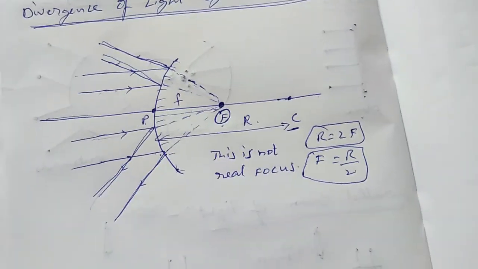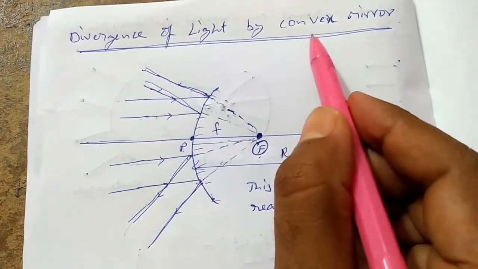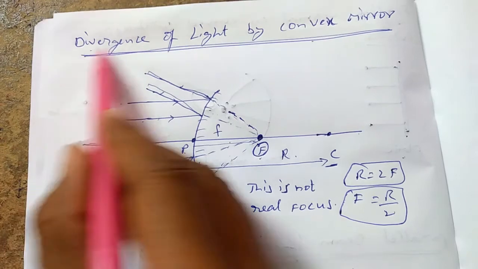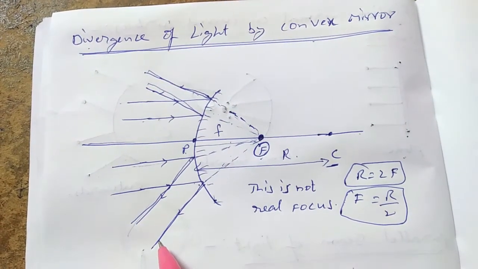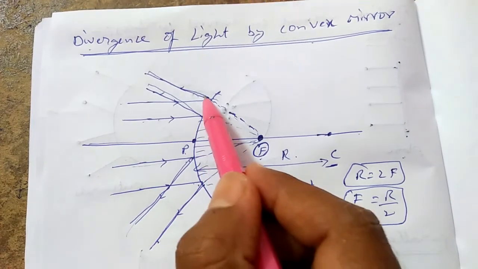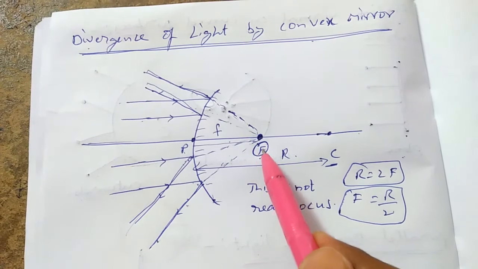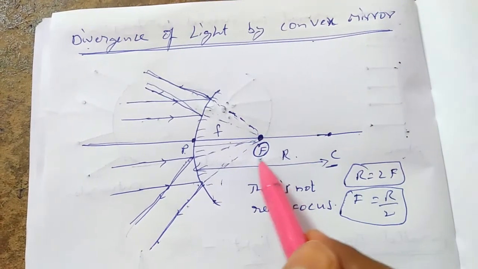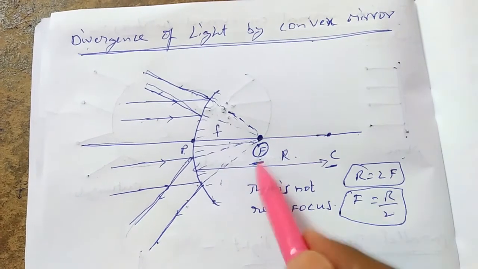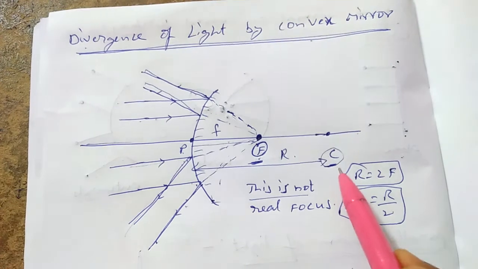But remember a very important point. For a convex mirror we can observe the divergence of light. That's why we cannot observe a real convergence pattern in this convex mirror. So for a convex mirror there is no real focus, there is no real center of curvature.